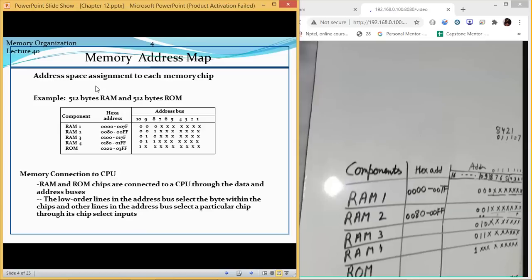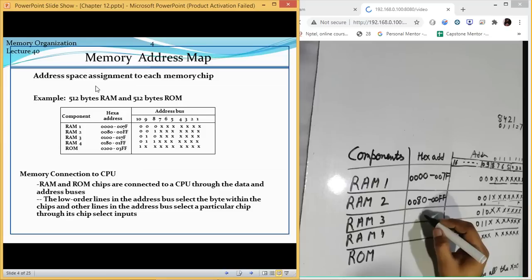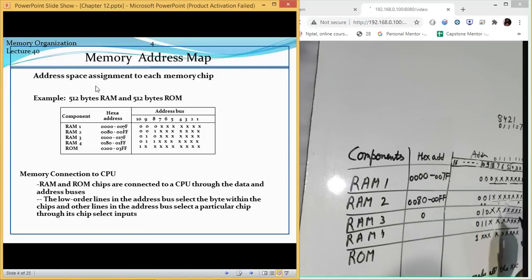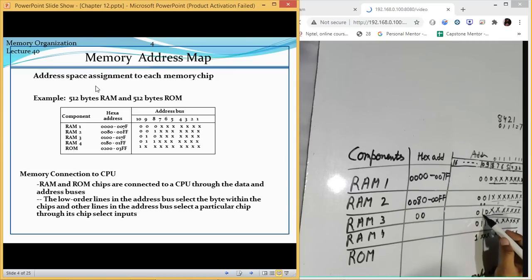Then for RAM 3, again to calculate the first address, make all these values 0. So it will be 0. Make all these three values 0. It will be 0. Now the ninth bit is 1.